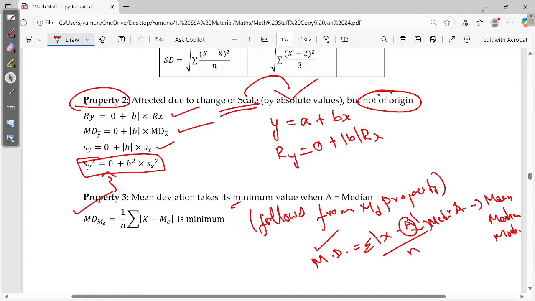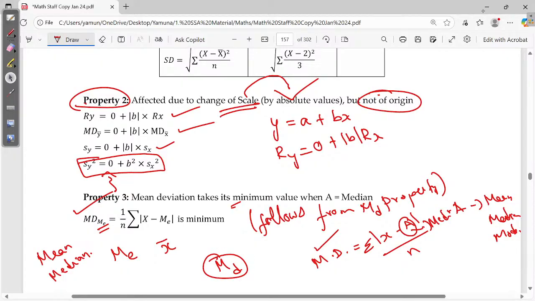See, usually I write median as MD, but in most of the books it is written as ME, because for X bar we are using mean, right? Mean has the same spelling starting with ME. Median also has the same spelling starting with ME. So what usually I do is I use MD for median.